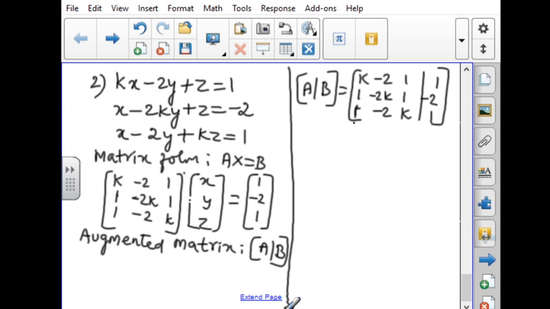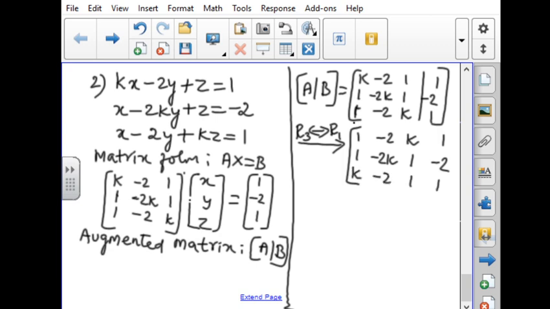It will be much easier to subtract and find the answer. So take the 1 in row 3 to row 1. The first operation is row 3 interchanges with row 1. So we are interchanging row 1 and row 3, that is 1, minus 2, k, 1. The second row as it is, 1, minus 2k, 1, minus 2. The third row is the first row, k, minus 2, 1, 1.